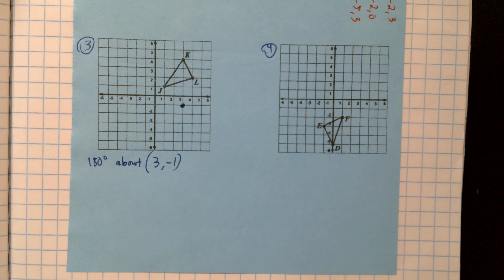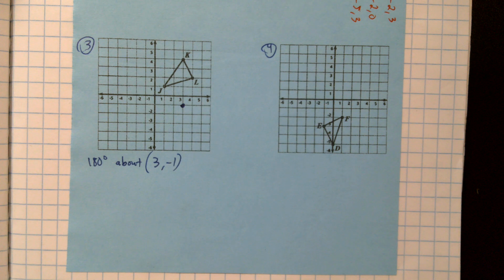What quadrant do you predict my image shape will end up in? 3. You'd say the third one, right? 180 degrees is always like diagonal across. So I would predict that shape's definitely going to end up in quadrant 3. Even though it is certainly not going to end up in quadrant 3.